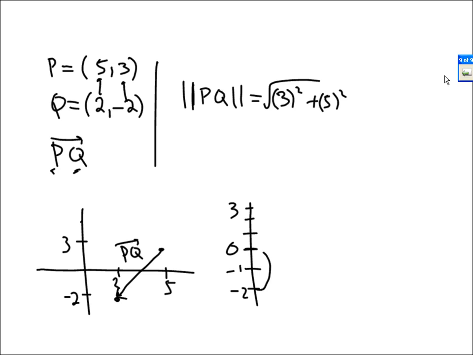First you go up 2 to get to 0, and then you go up 3 more to get to 3. 2 plus 3 is 5. 3 squared plus 5 squared, square root of 34. This vector is square root of 34 units.